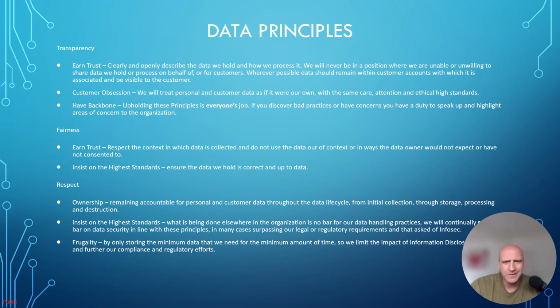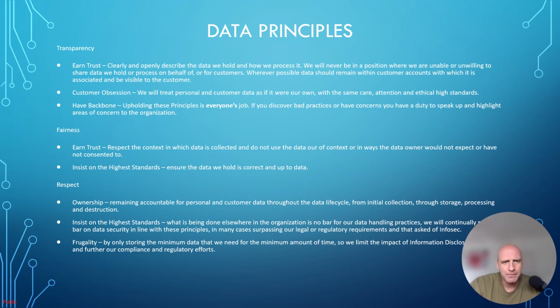Whenever possible, data should remain within the customer accounts with which it is associated and be visible to the customer. So for example, if a customer authenticates, the specific data that we hold around this customer in their account should be visible to that customer. Customer obsession.